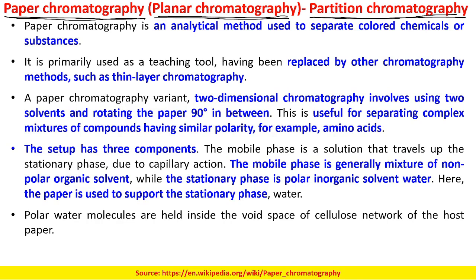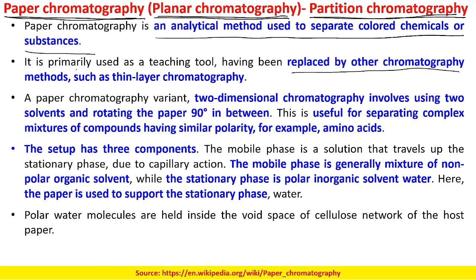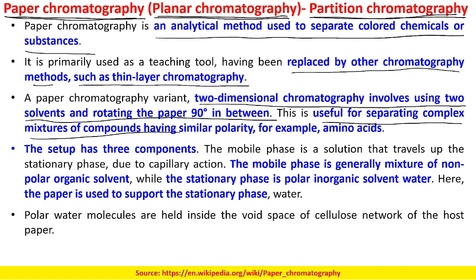Paper chromatography is an analytical method used to separate colored chemicals or substances. It is primarily used as a teaching tool, having been replaced by other chromatographic methods such as thin layer chromatography. A variant, two-dimensional chromatography, involves using two solvents and rotating the paper 90° in between, and this is useful for separating complex mixtures of compounds having similar polarity, for example amino acids.